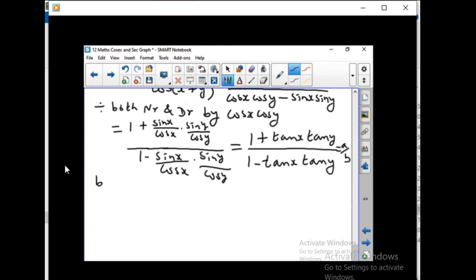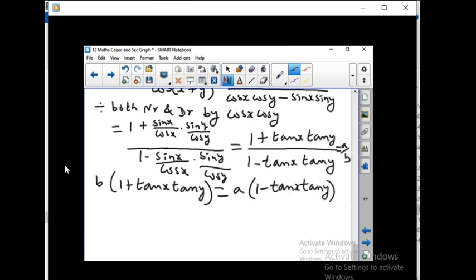So we have to cross multiply. So we get b into 1 plus tan x tan y is equal to a into 1 minus tan x tan y. Now carry b inside.